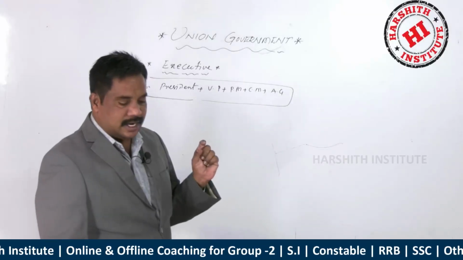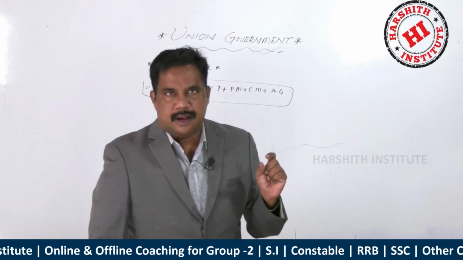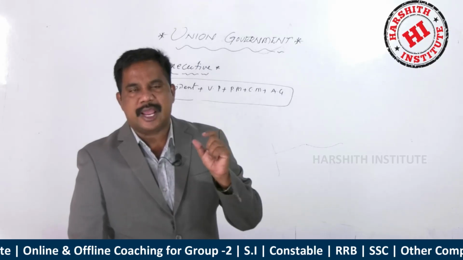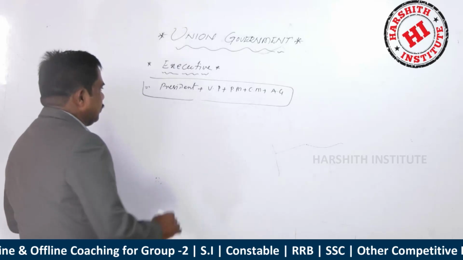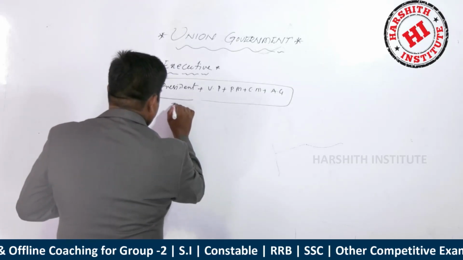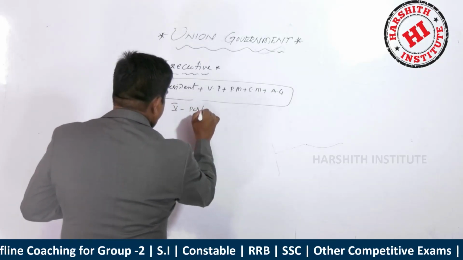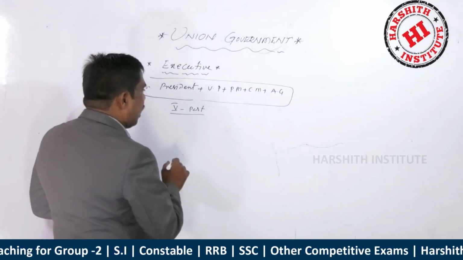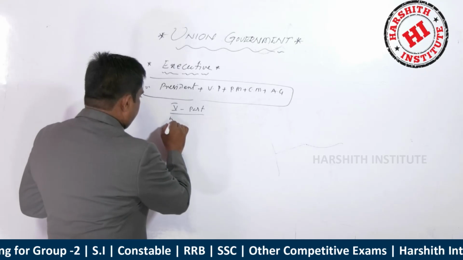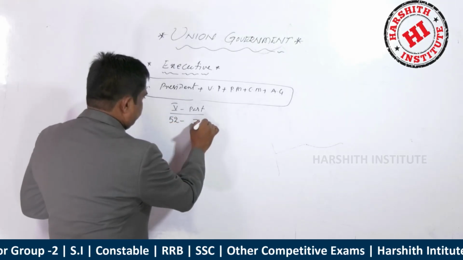All these are considered under the union executive. Union executive is in the fifth part of the constitution, articles from 52 to 78.